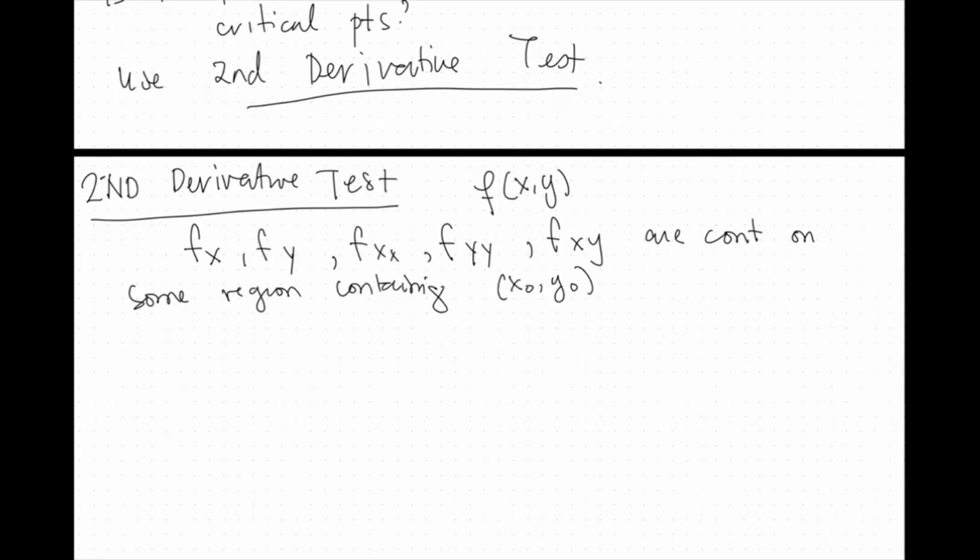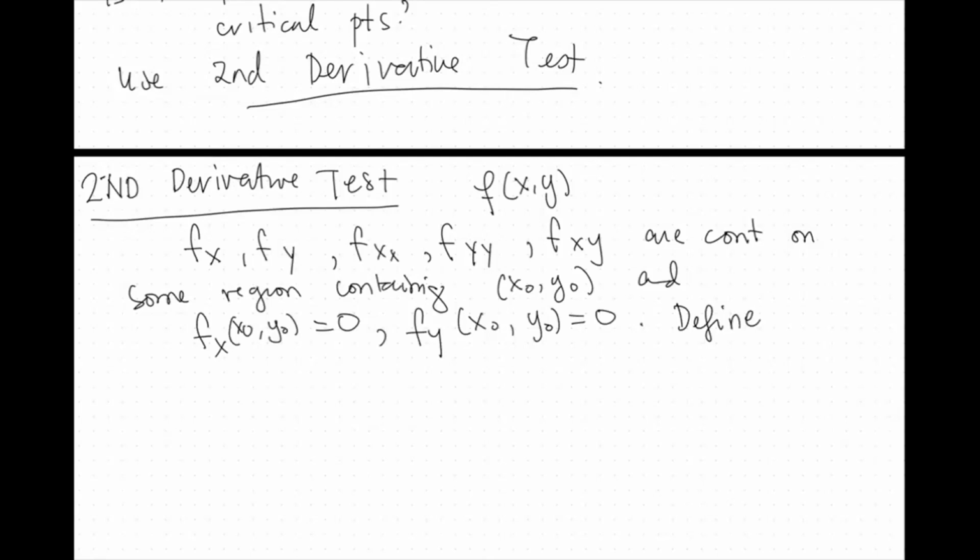And also, f sub x evaluated at (x0, y0) is equal to 0, and f sub y evaluated at (x0, y0) is equal to 0.